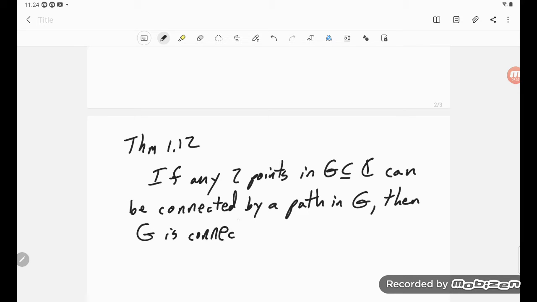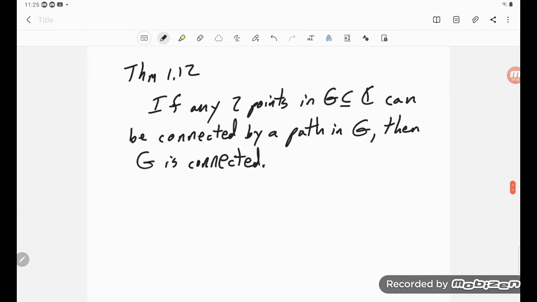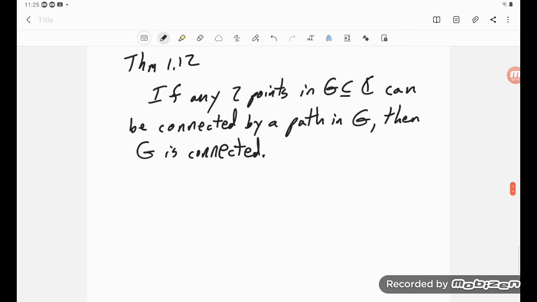So when we first introduced connected, I started to say this sort of thing, but we didn't know what a path was yet, so I couldn't really say it that way.